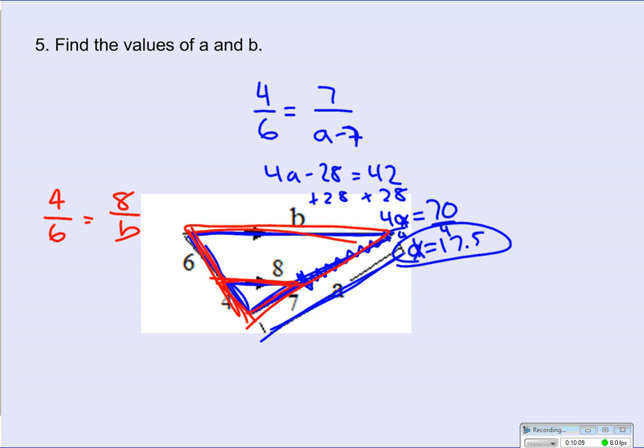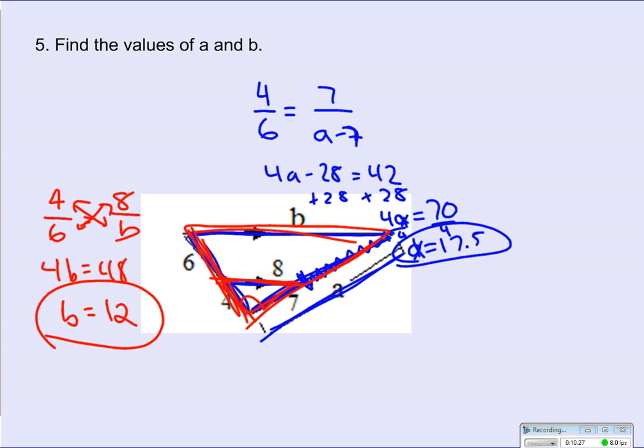How do I know that? Because the sides are in proportion. This angle is a part of both of them, so it's side angle side. So each piece is in proportion. So B equals 12 for that reason right there.